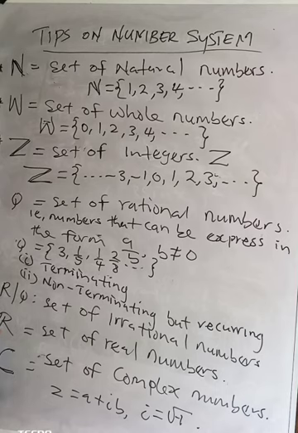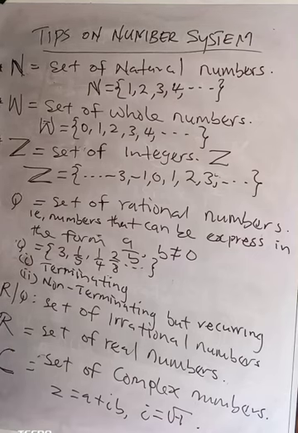Immediately next on the list, after the set of real numbers, we have C, which is the baba of all the number systems. I call it baba because it comprises every other set of numbers. We call it the set of complex numbers. It contains every other number system you can name, ranging from the set of natural numbers down to real numbers.